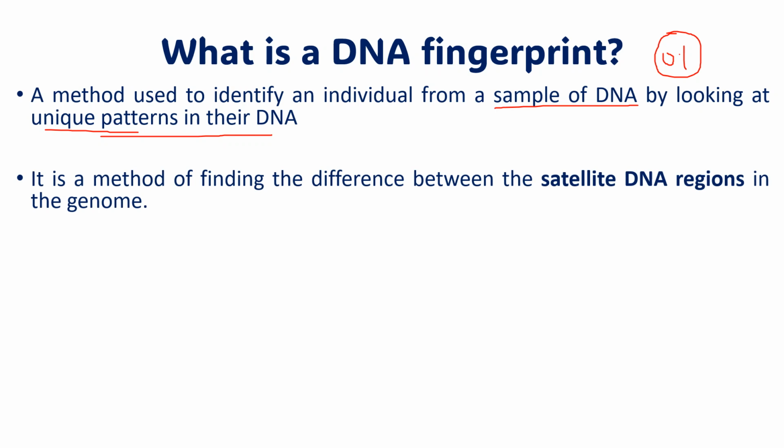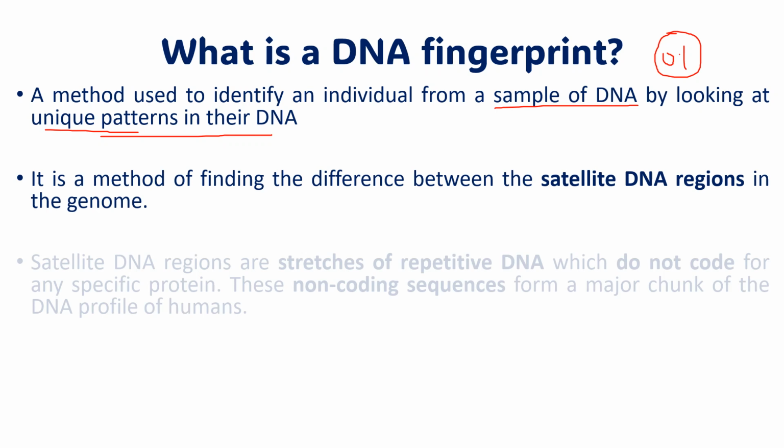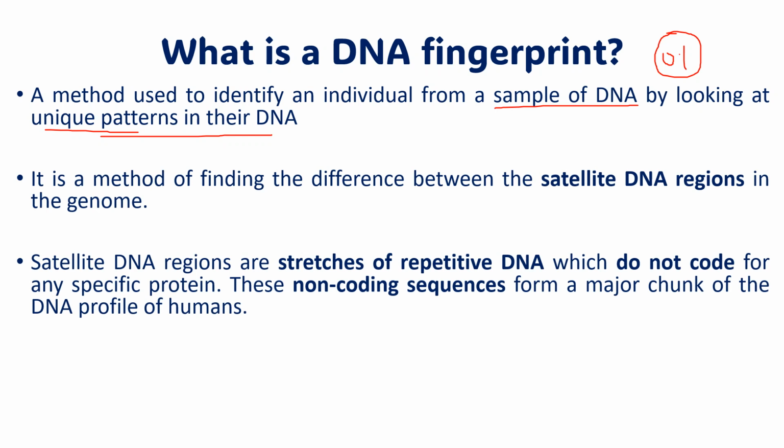So it is a method to find the difference between these satellite DNA. This repeated DNA is normally called satellite DNA. Later on, I will tell you what satellite DNA is and what different types of satellite DNA we have. These repeated units of DNA are called satellite DNA regions, and that repeated sequence is what we identify by DNA fingerprinting.